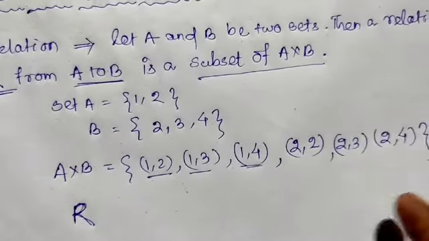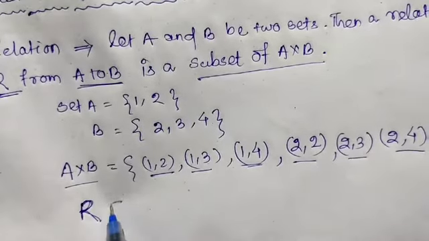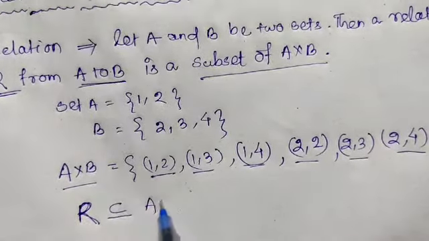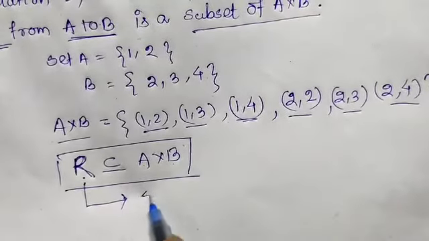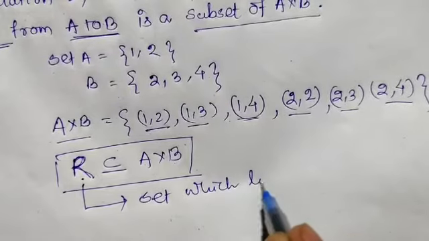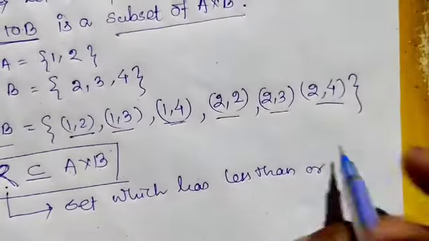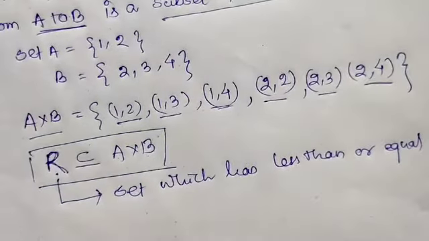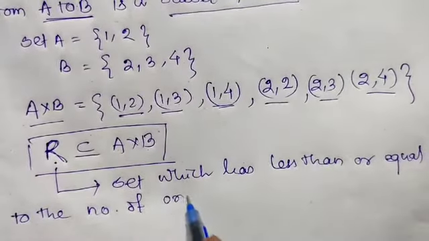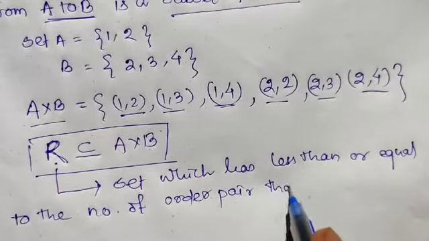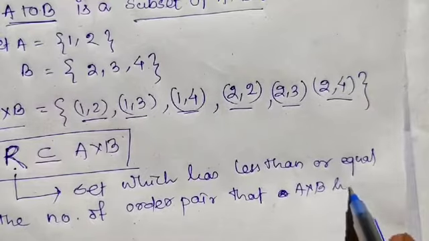The number of ordered pairs must be equal to or less than the cross product of A and B. Okay, so it should be a subset of A cross B. It is a set which has less than or equal to the number of ordered pairs that A cross B have.